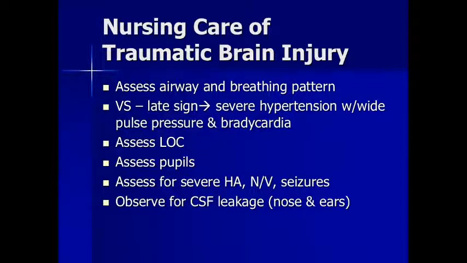So if they have to have mechanical ventilation, we know that we're going to monitor their ABGs. We're going to be assessing their pH, their PCO2, and the PO2. We know that elevated hydrogen and carbon dioxide causes vasodilation.